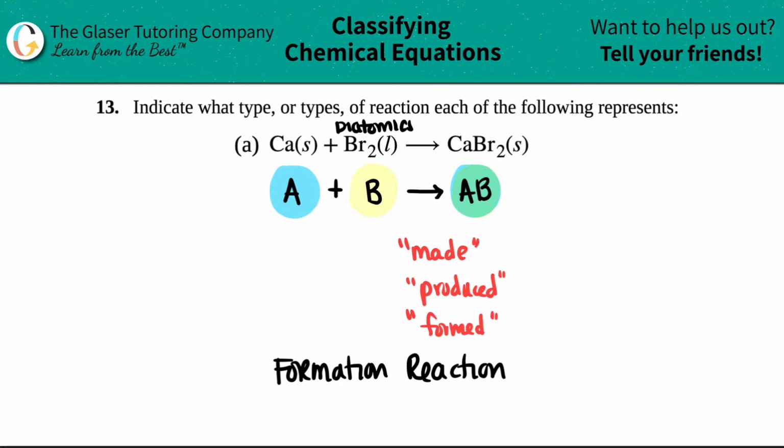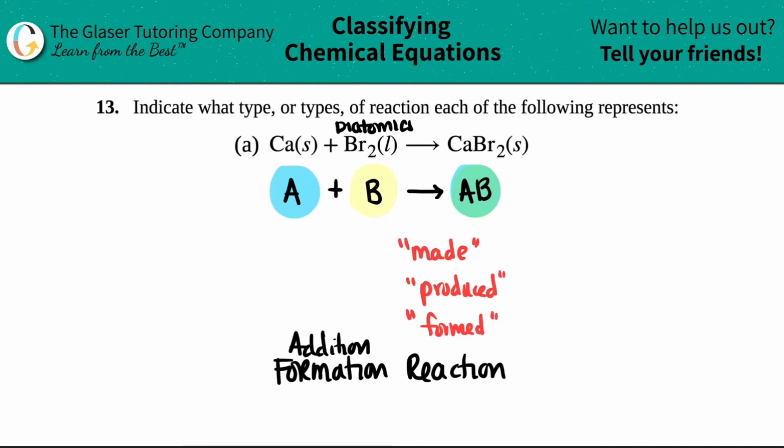Formation reactions are when you have one single thing, A, in this case just calcium, one single element, and then B, in this case in its diatomic state, and they come together to form one single compound. This is a formation reaction. This reaction can also be called an addition reaction. Usually I call it a formation reaction, but you can see it as an addition reaction as well.